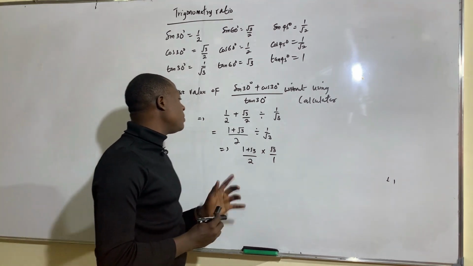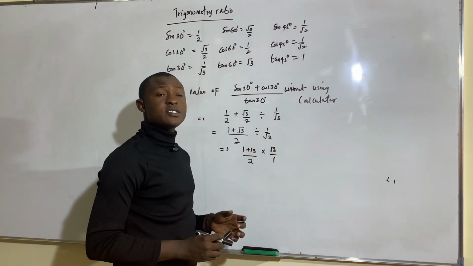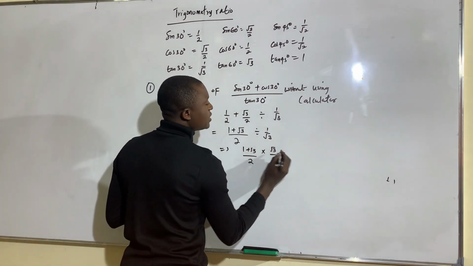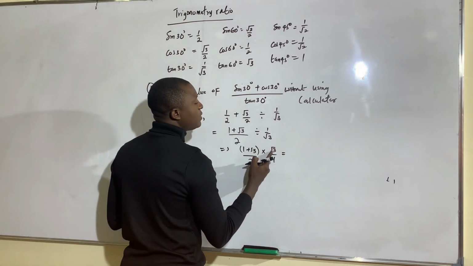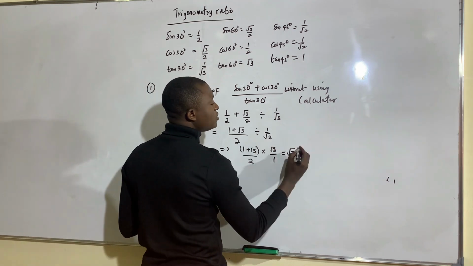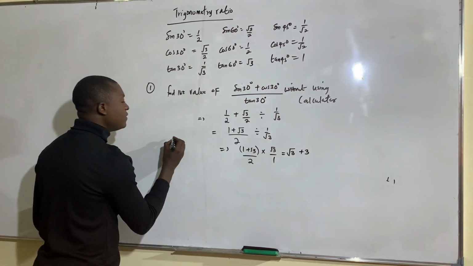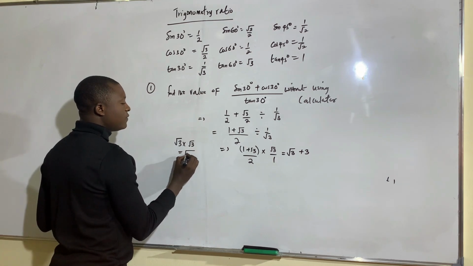So by the time I open the bracket of this, meaning these two terms, root 3 will affect them one after the other. Let's put a bracket there to make it convenient. 1 multiplied by root 3, of course, we are going to have root 3. Root 3 multiplied by root 3 is going to be 3. How? We have root 3 multiplied by root 3, that one is the square root of 9, right?